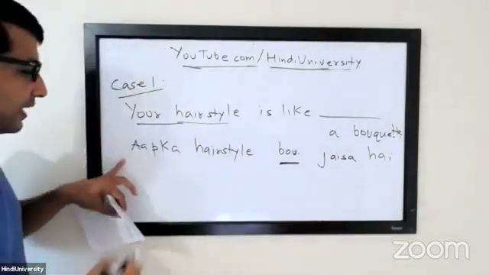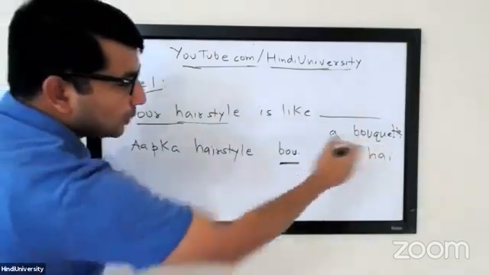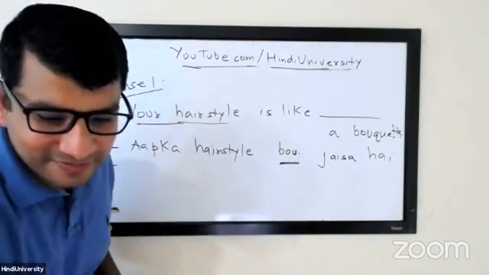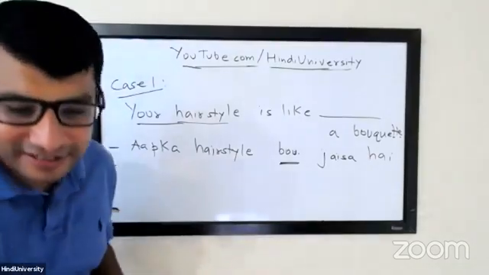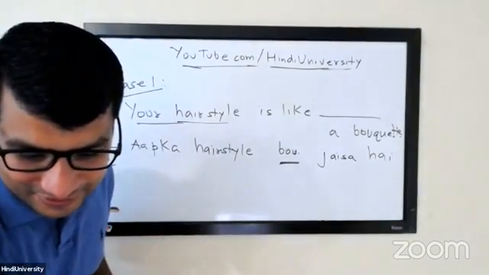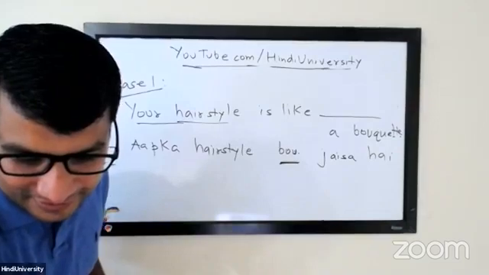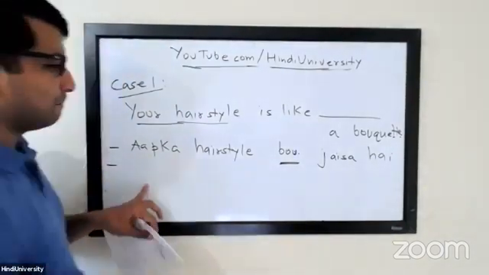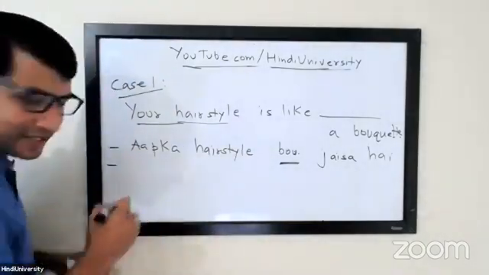Anyone else would like to try a variation here? You compared it with a bouquet, but let's say you want to say something else, like someone else's hairstyle. Rita ji, if you're there. I was trying to think of a word that could go into the oblique, but okay.